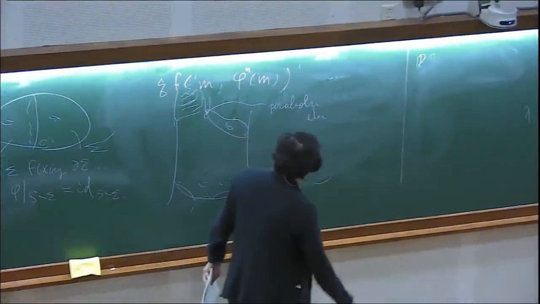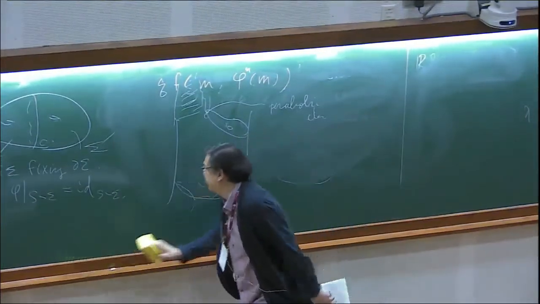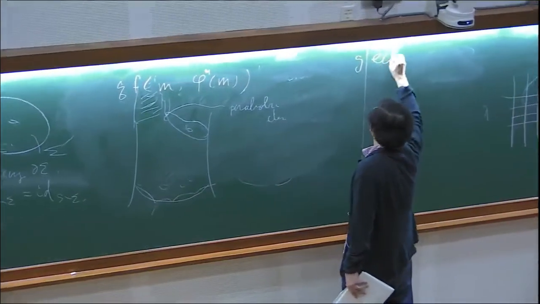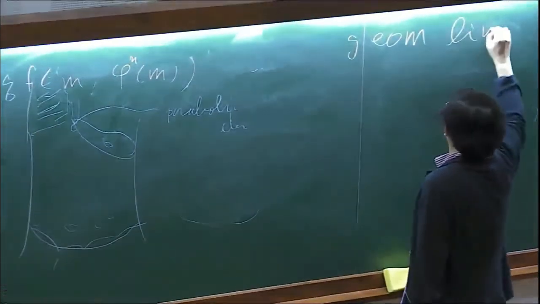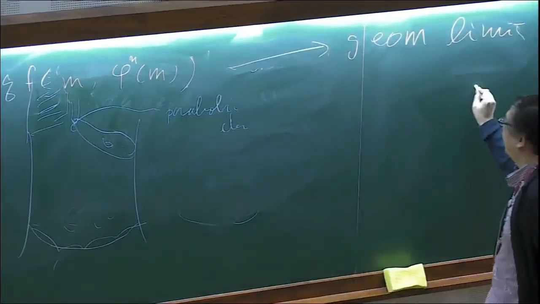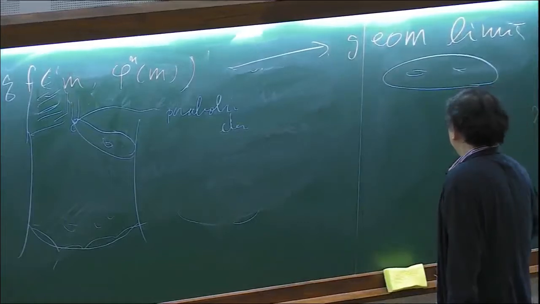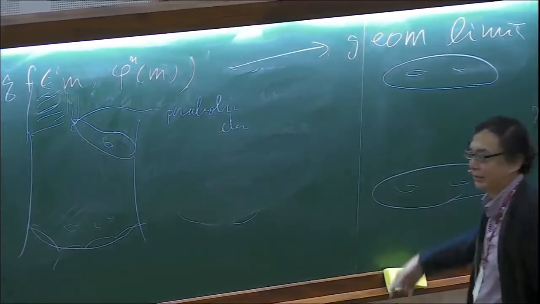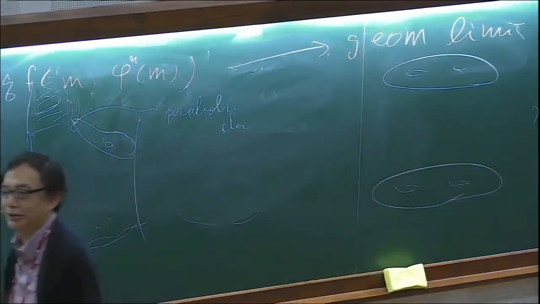So you have two geometrically finite ends. This is the algebraic one. The geometric limit for this is something like that. You have two geometrically finite ends, both of which face a surface homeomorphic to S.